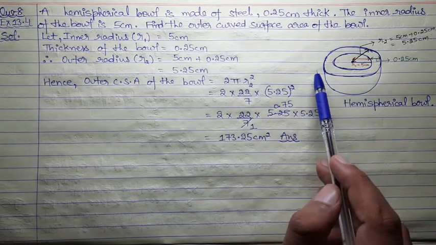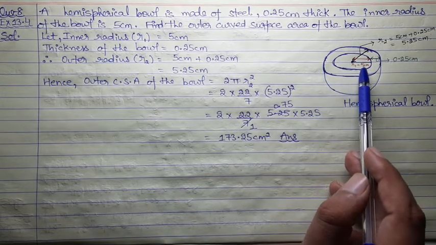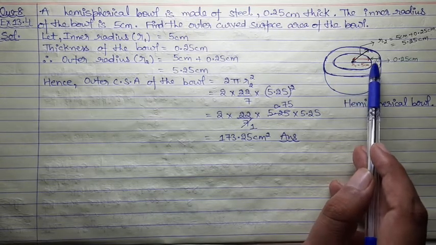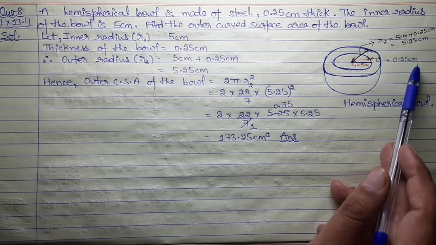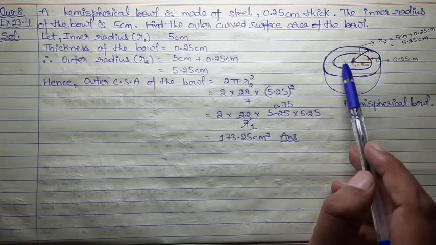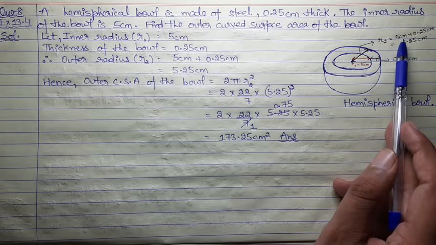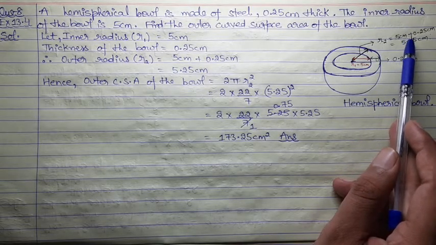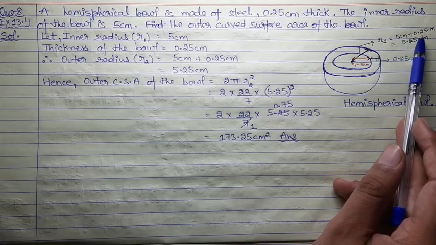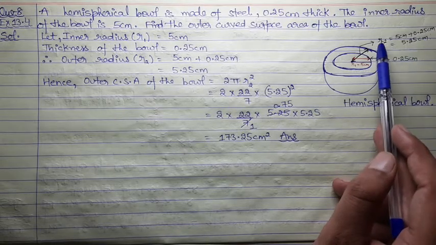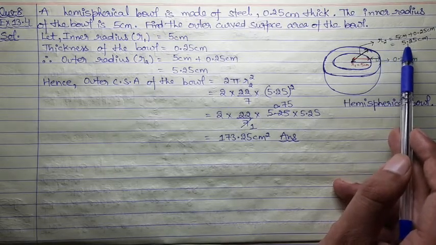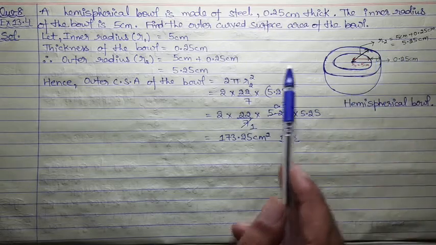Now, look at the figure. R1 is 5 cm and thickness is 0.25 cm. And when we add 5 cm, which is R1, and thickness, which is 0.25 cm, we get R2 as 5.25 cm.